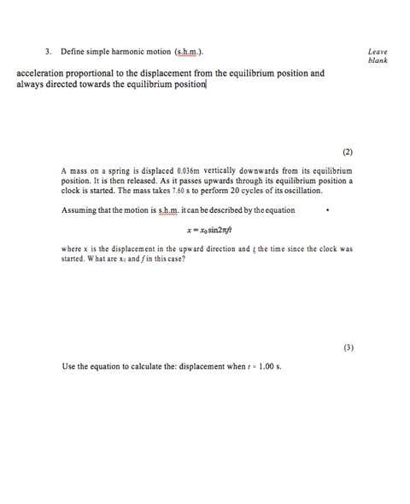Acceleration is proportional to the displacement from the equilibrium position and always directed towards the equilibrium position.